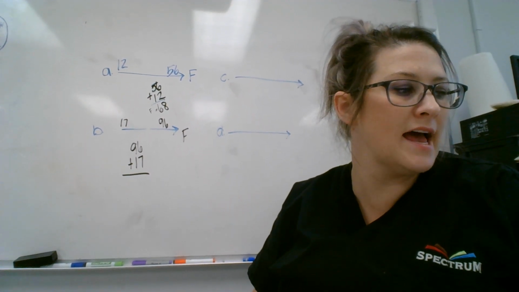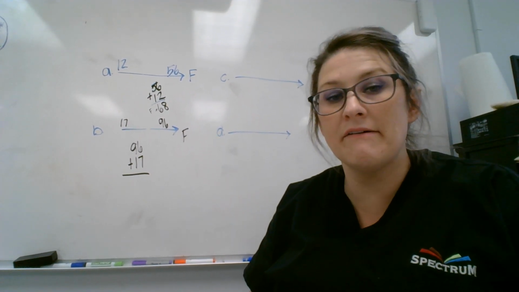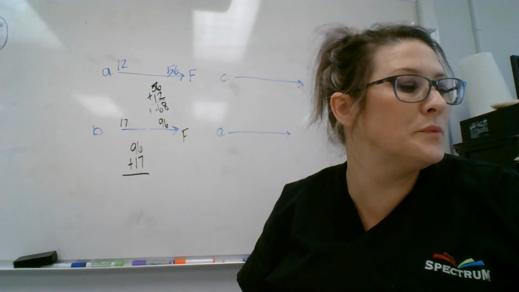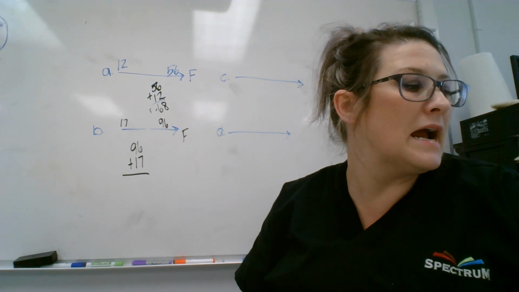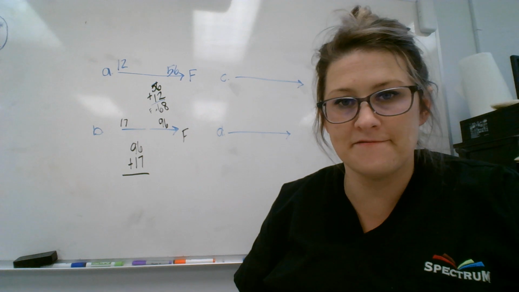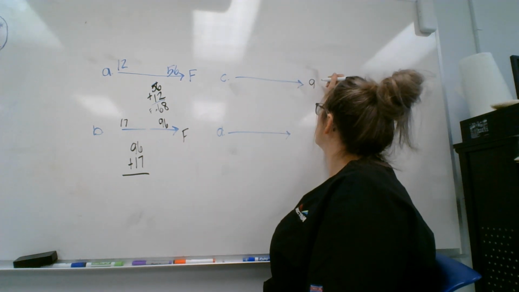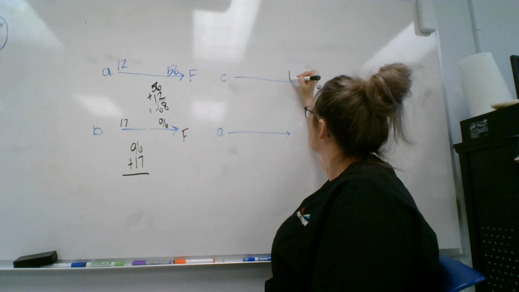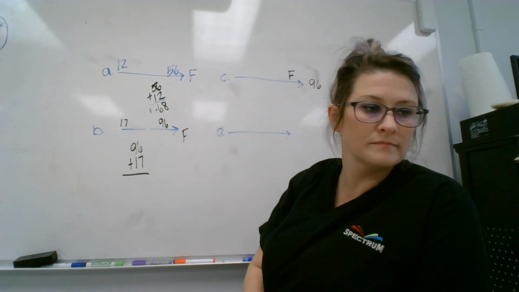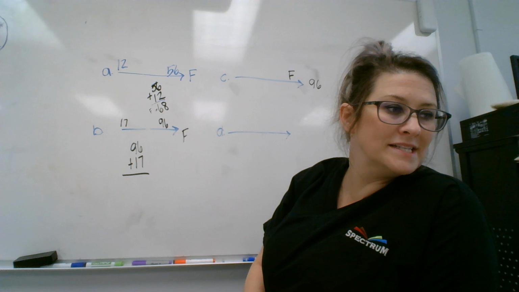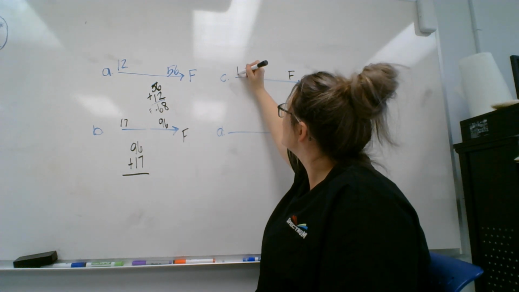Problem C says, 96 is 17 more than F. I'm going to read it again without the circled number. 96 is more than F. So if 96 is more than F, it's a bigger number. Now my difference number for this one is 17.